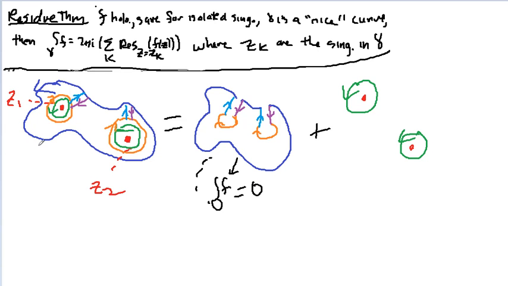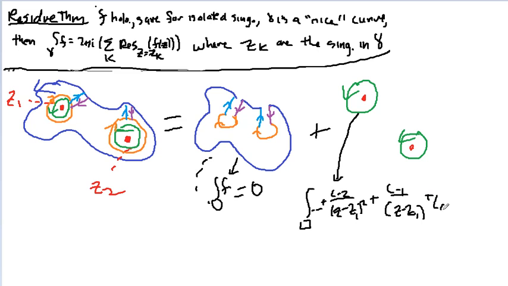So the integral around my original thing is equal to the integral plus 0 plus 0 plus 0 plus 0, and I can think of it as the integral around here, which is 0, plus the integral around these two things. Well, I can figure out the integral around these two things pretty easily, right? I just take the integral over this curve of the Laurent series, which is going to be c negative 2 over (z minus the singularity z1) plus c negative 1 over (z minus z1) plus c0 plus c1 times (z minus z1) plus dot dot dot.